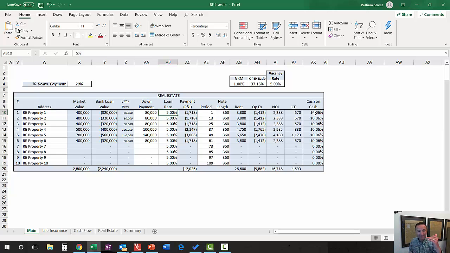And for me, if I'm presented a deal and it's less than 10% cash on cash, I generally pass on that unless there's some other redeeming factor like significant potential for appreciation or something, right? There's got to be something that makes it worthy of consideration if it's sub 10%. So 10% or above, that's the type of deal that you want to take a look at.